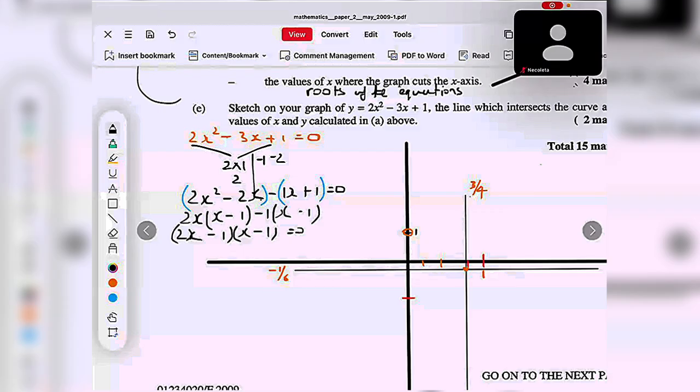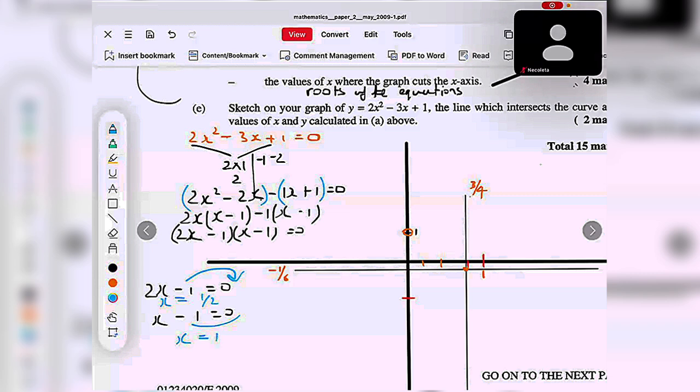So what that means for us is that 2x minus 1 is going to equal 0, and x minus 1 is going to equal 0. So for the first one now, x is going to equal, let's bring over the 1, and I get 1, and divide by 2, so x equals a half. And bring over the 1, x is going to equal 1.